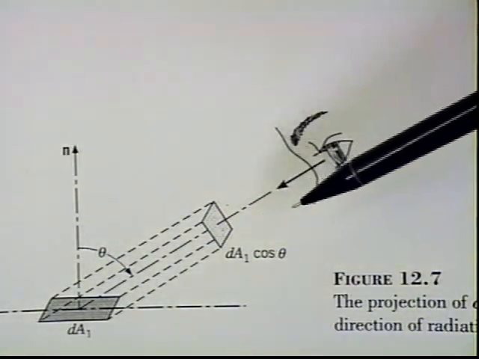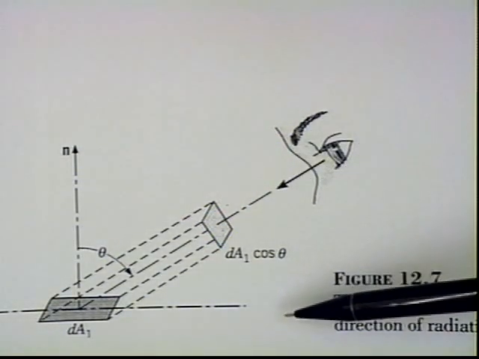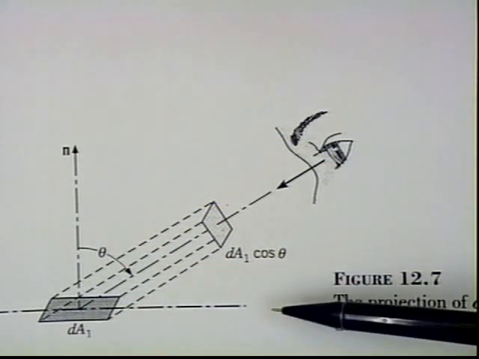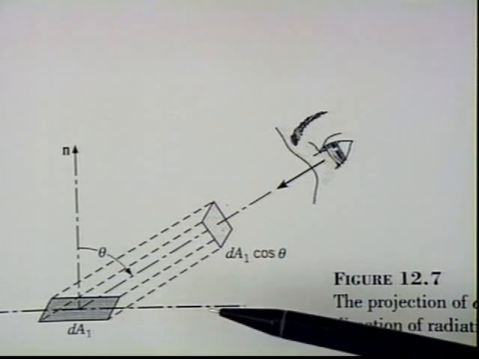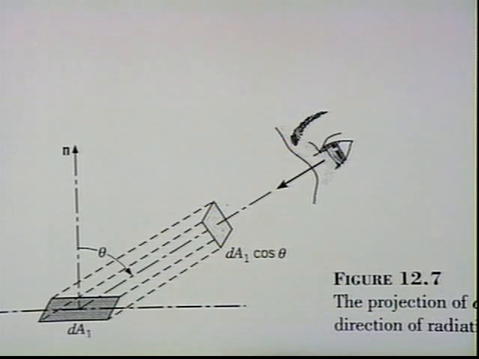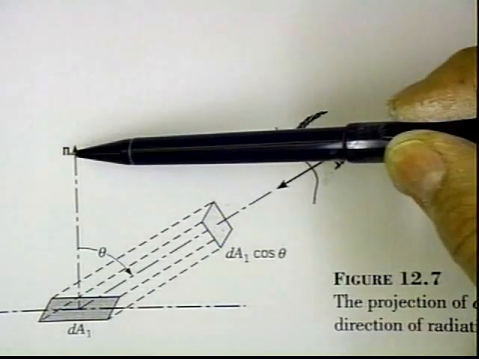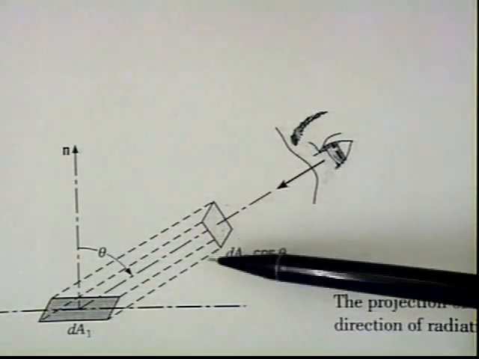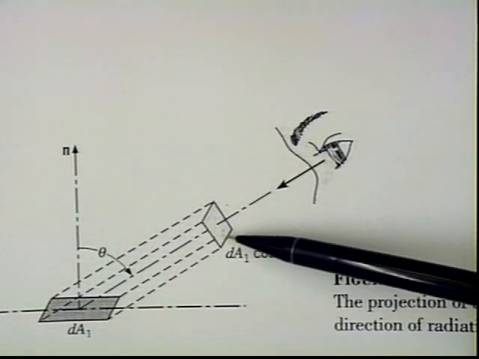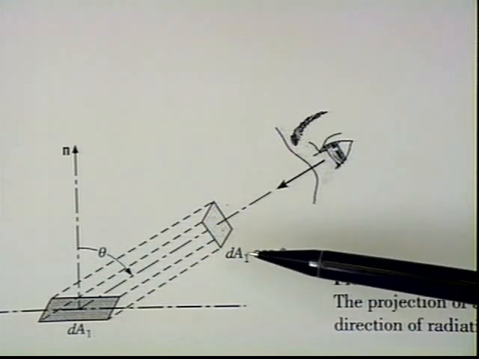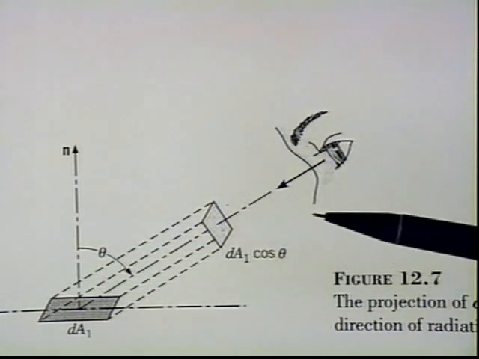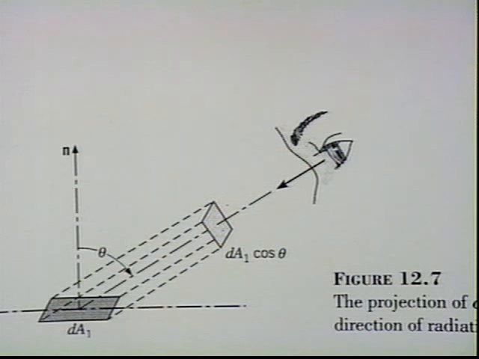As you come down, as theta increases, you can get all the way to theta equals 90 degrees. And at that point, you wouldn't be able to see the surface anymore. If you went any further than theta equals 90, you still can't see it because it's opaque. So you can go anywhere from 0 to 90 degrees. And this dA1 cosine theta is what is seen by whatever's receiving the emission.